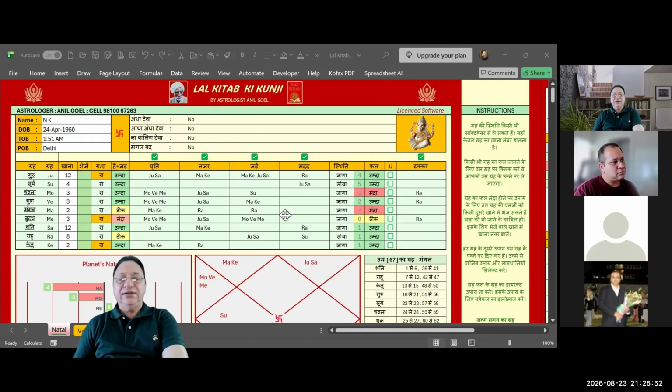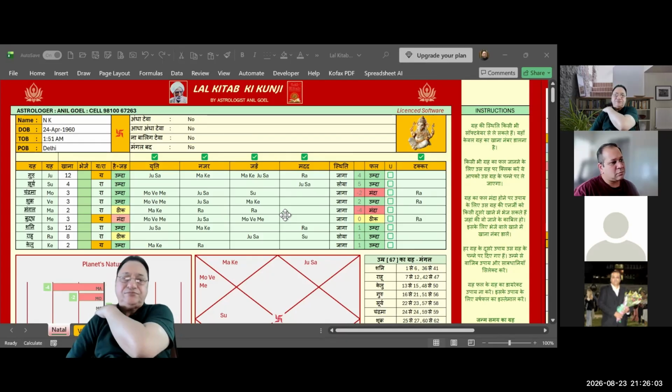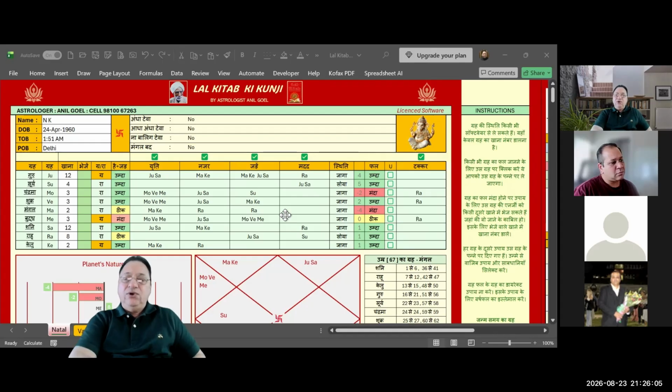Lal Kitab has made a simplified version of Vedic astrology. And the best part of Lal Kitab is that it takes all the aspects of Vedic astrology, but this is the only one which actually makes remedies. The best part of Lal Kitab is its remedies.